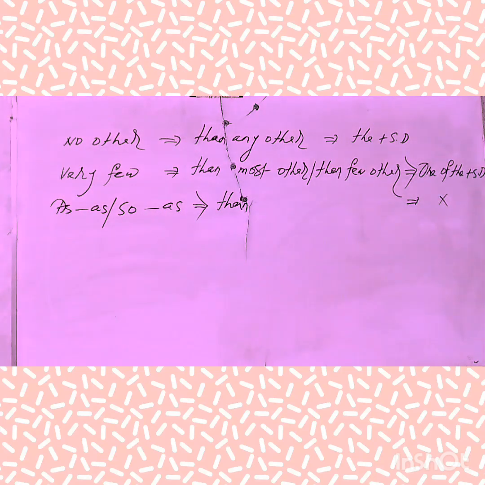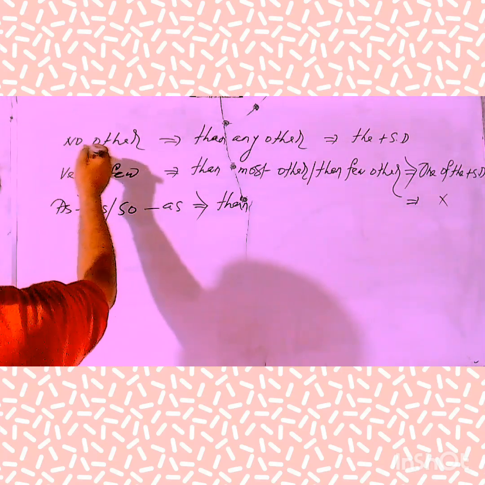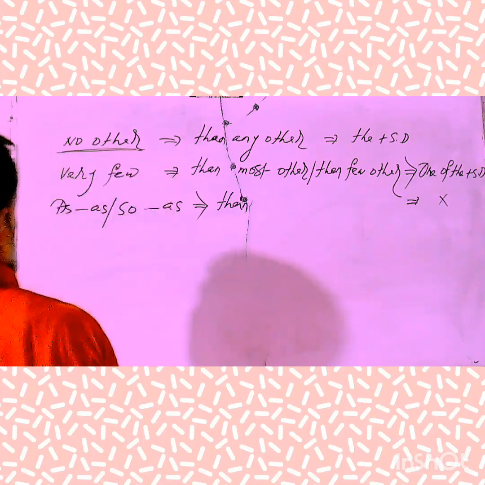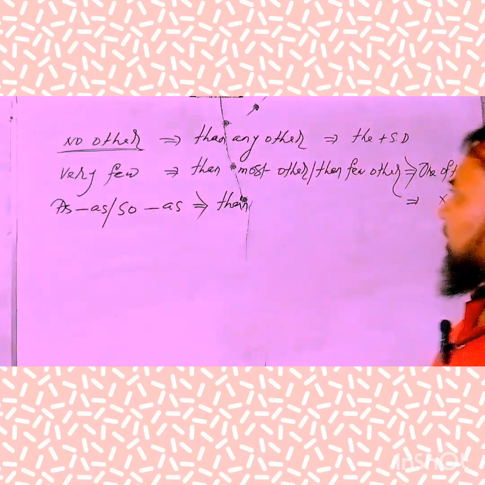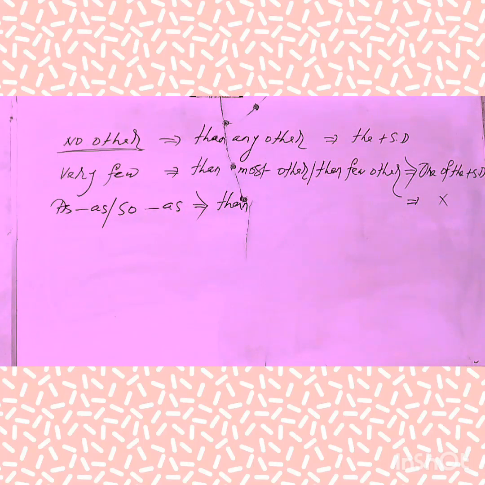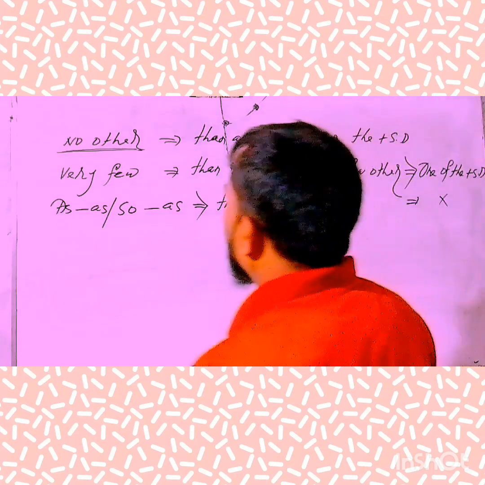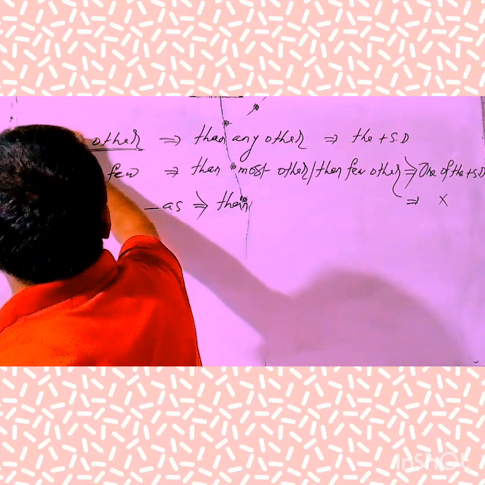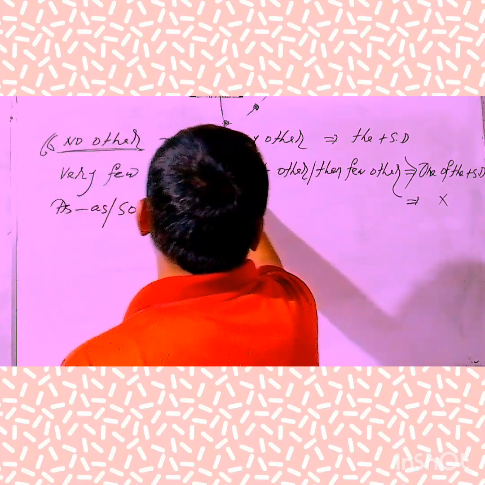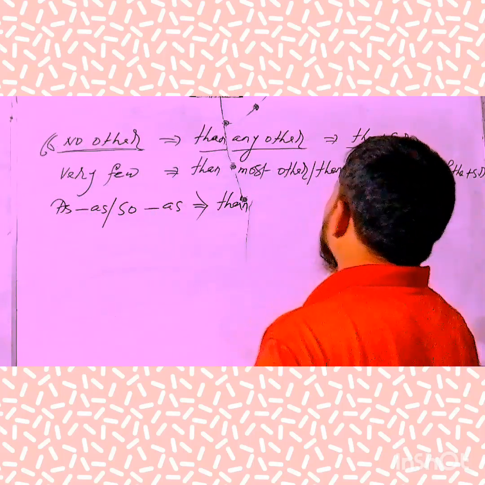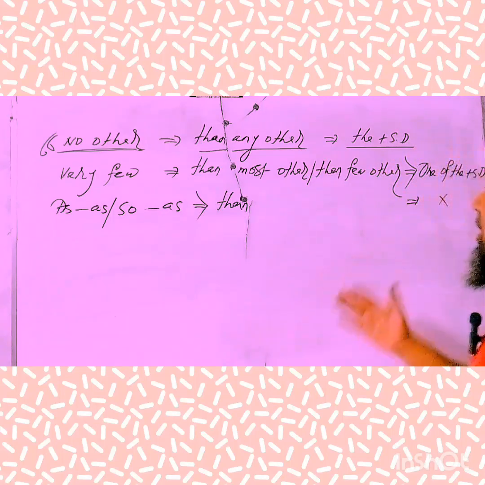So, three categories of relationship I can use. There is a great relationship between these items, my dear learners. You have to mind that number one, no other equals than any other equals the plus SD.